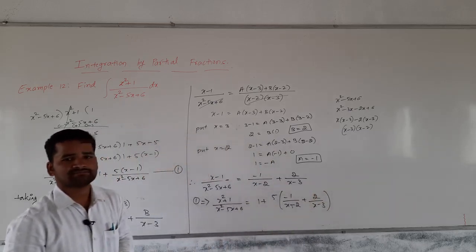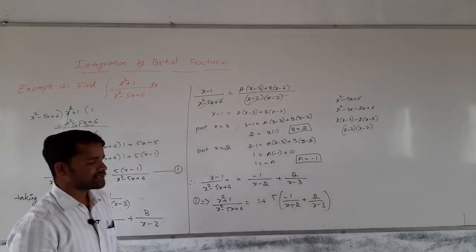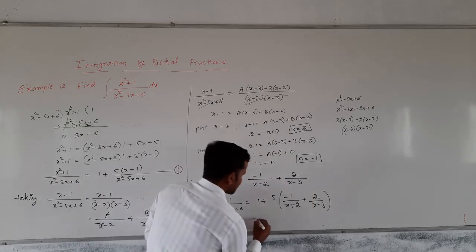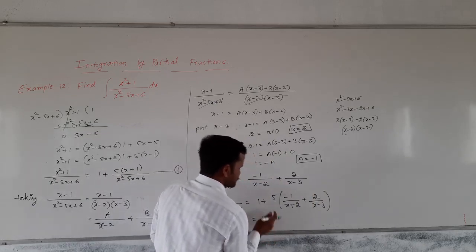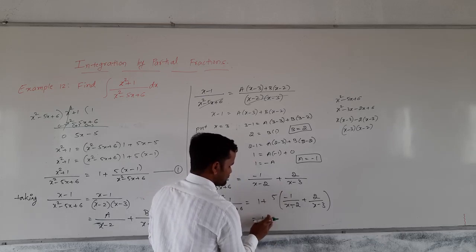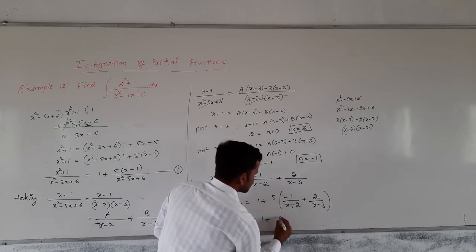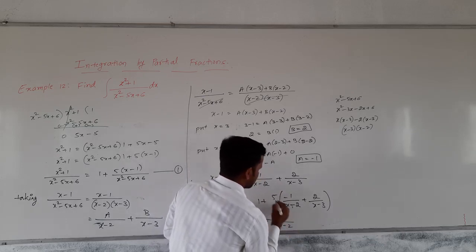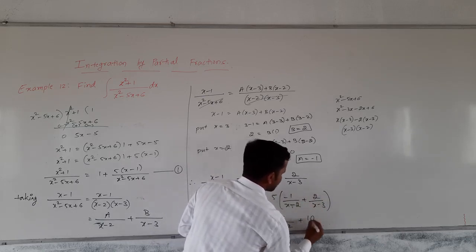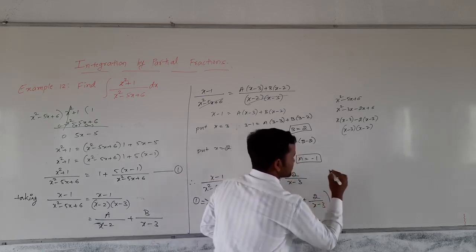See how it is simplified. Now we can solve it very easily. Let me write one more step. 1 plus, plus into minus becomes minus, 5 by x minus 2, 5 into 2 is 10, 10 by x minus 3.